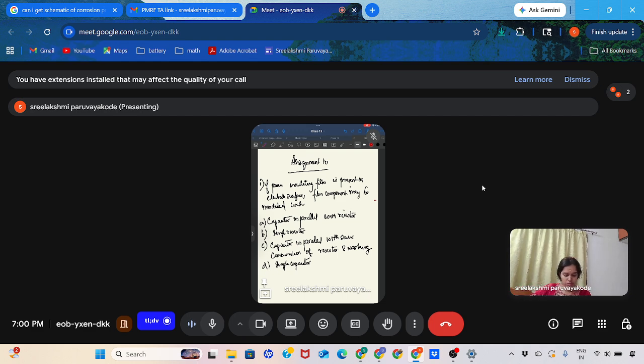It cannot be just a resistor or just a capacitor. The options are a capacitor in parallel with a resistor, or a capacitor in parallel with a series connected resistor and Warburg.